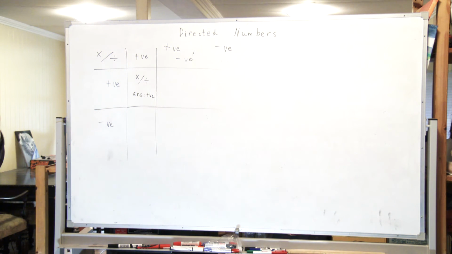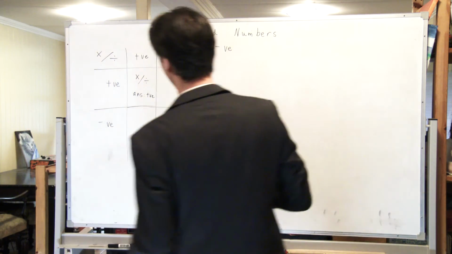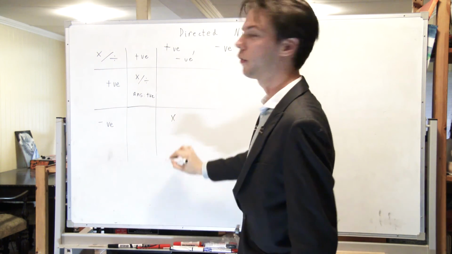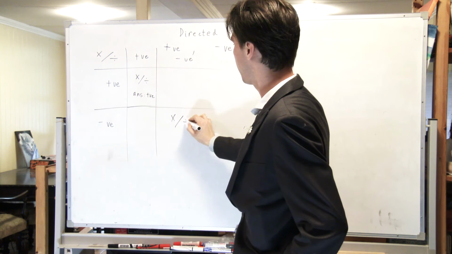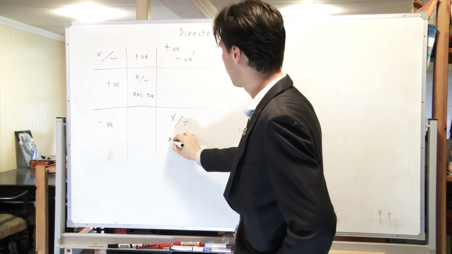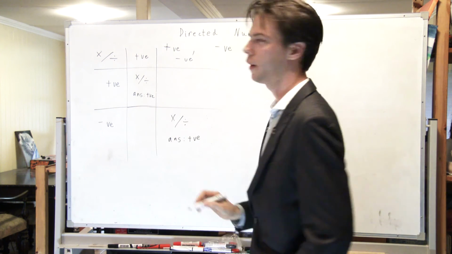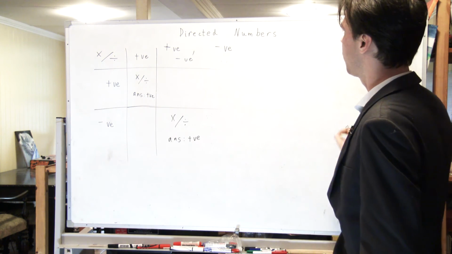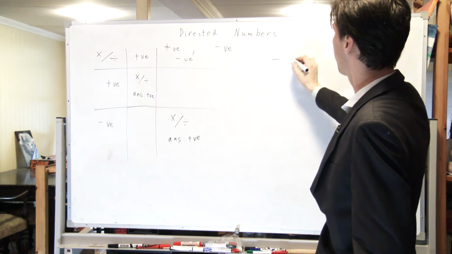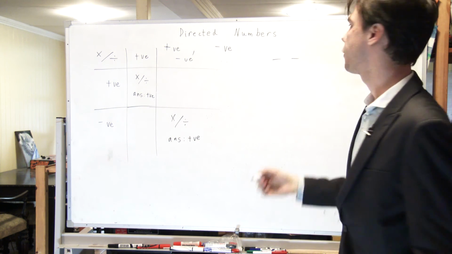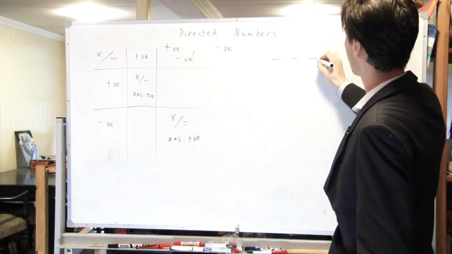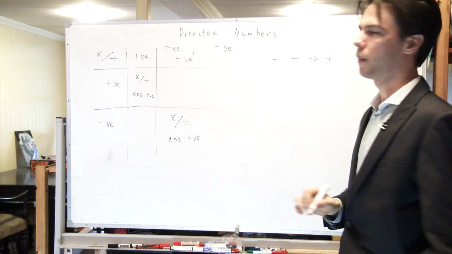If I have a negative and a negative, I just multiply or divide it as normal, and my answer is a positive. Think of it like this. You have a negative multiplying by a negative. You have two strokes. They come together to make a positive.